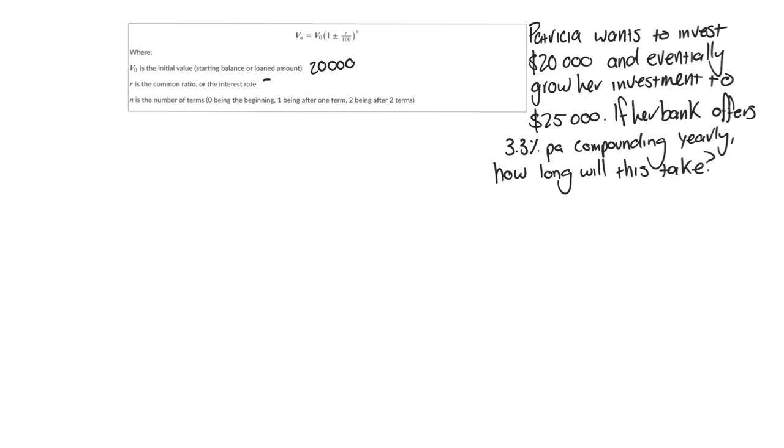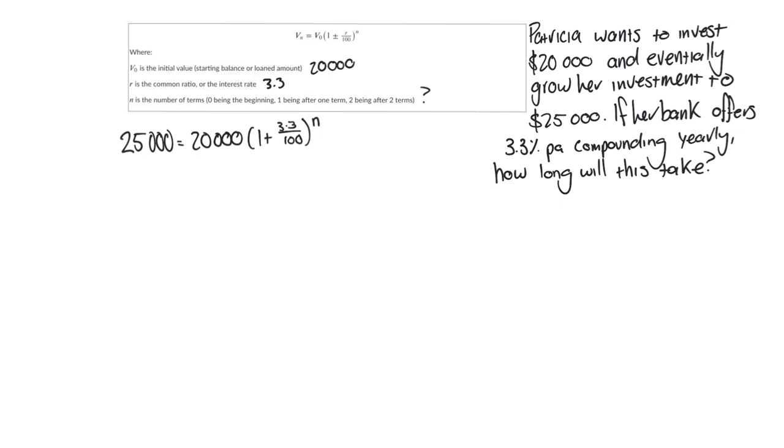Okay, so we know that the interest rate is 3.3%, but we don't know how long we're going to invest for. This part we actually need to figure out ourselves. So if we were to substitute all of this information into a little formula, it would look something like this. Here we go. So rather than writing V1 or V2 or V3 because we don't know how long, we've actually put 25,000 in.